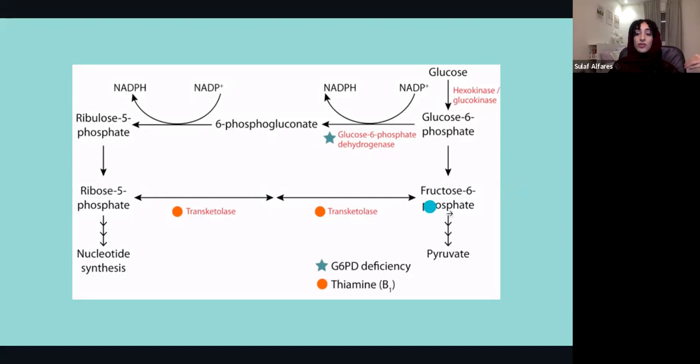So fructose 6-phosphate, we can get from other pathways such as glycolysis, and make it enter this pathway, and we get ribose 5-phosphate through this, which in turn gives us nucleotide synthesis and DNA and all of that. So this is how, with G6PD deficiency, we can still make ribose 5-phosphate and, as a result, nucleotide synthesis. Is it clear?